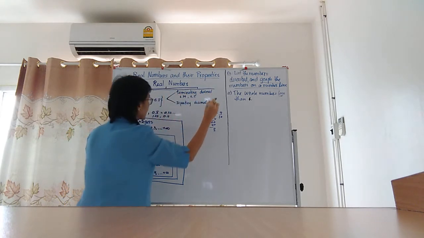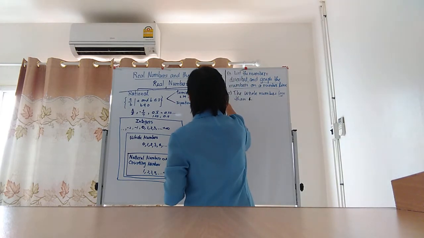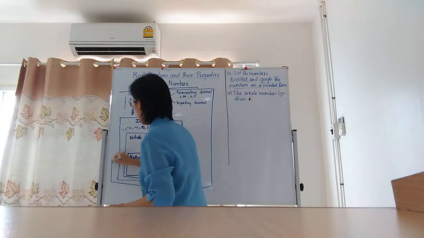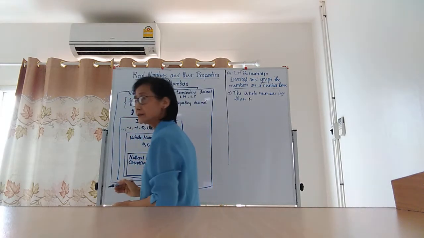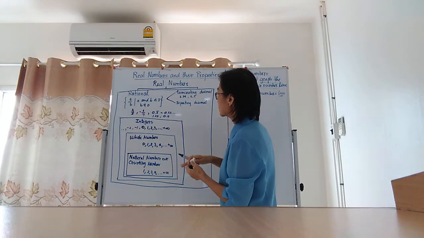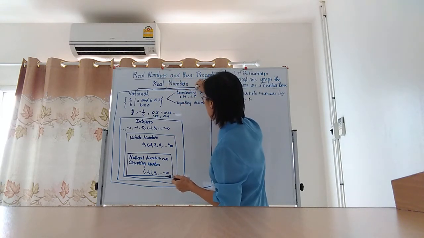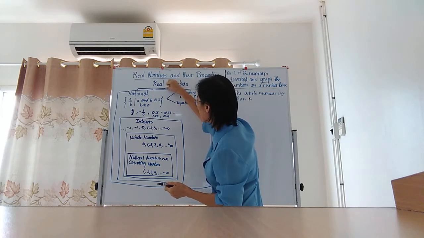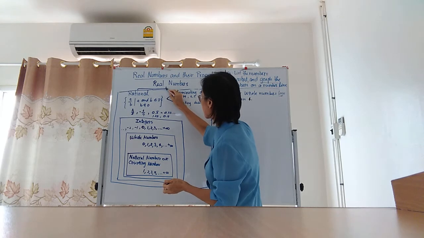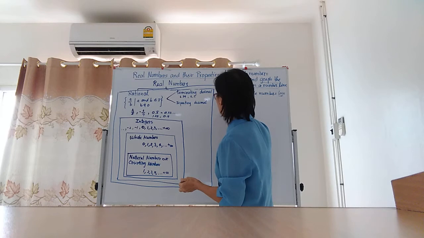I have to cover this one, and this will cover all of them. Okay. So this one is rational. Then after that we come to see the irrational numbers.